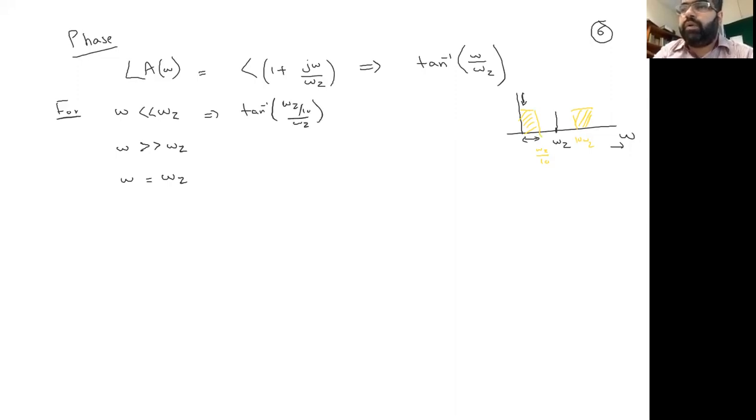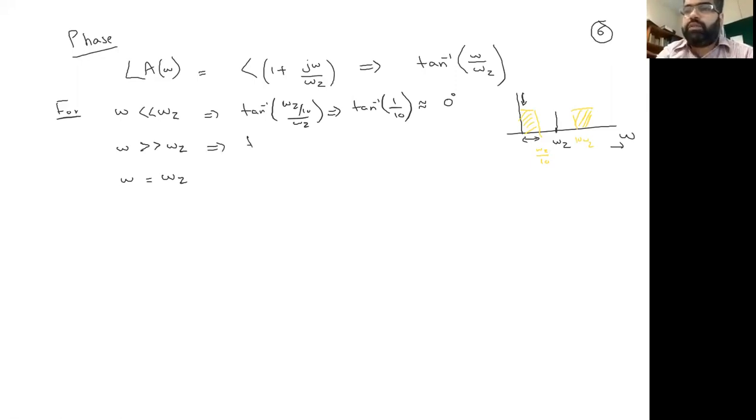Again, we are talking in terms of approximation. This will be equal to tan inverse of 1 over 10, which is a very small value. So we can say this is equivalent to 0 degree. If not 0, it will be 1 or 0.23 some degree, but we are saying it's equivalent to 0. That is the approximation we are using in the Bode plot.